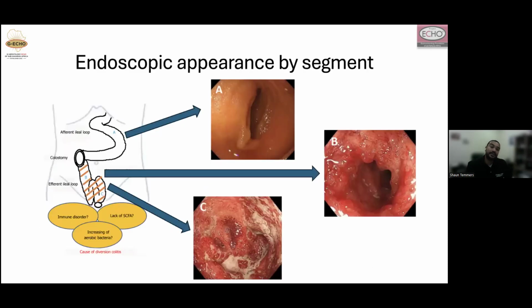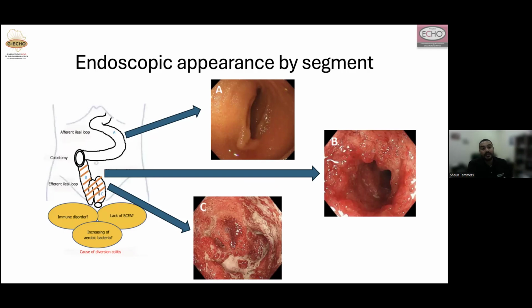Now, this diagram illustrates the colonic intestinal mucosa when the fecal stream is normal. So if we look at endoscopic image A, you can see that it's normal continuity of the fecal stream, and that's normal jejunal mucosa.